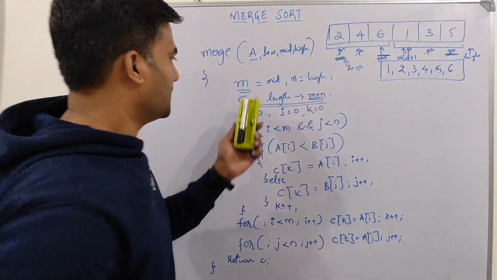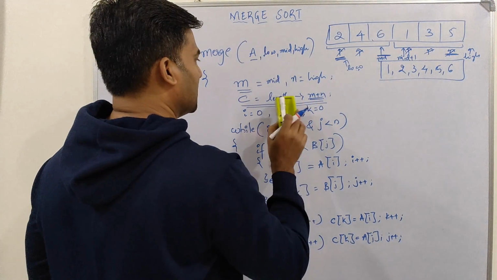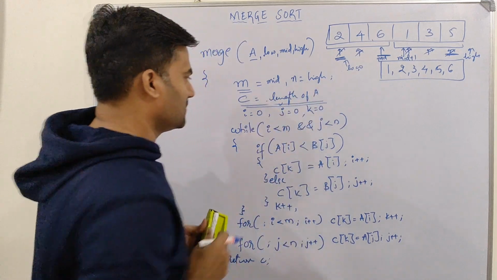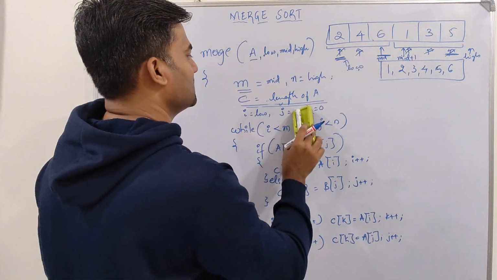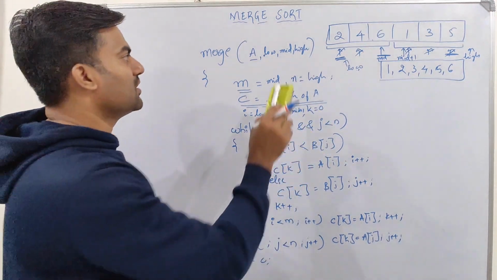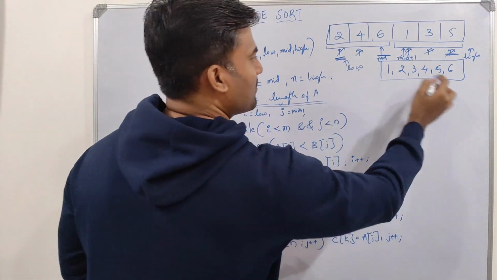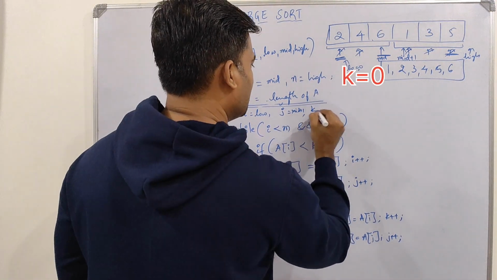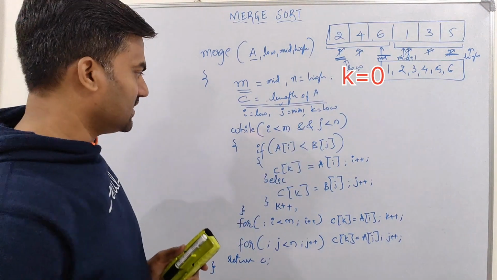I will change these two, and this C will be the length of the array, so basically the length of A. Now my I points to low, J points to mid plus 1, and my K points to low, because it is starting from here. I will have to copy the element at the same position into the new array. So my K will be low. This is the change, and then this will continue as it is.